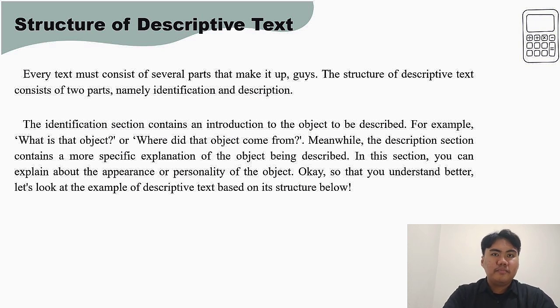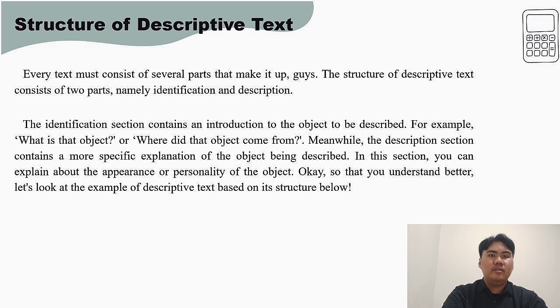Structure of descriptive text. Every text must consist of several parts that make it up. The structure of descriptive text consists of two parts, namely identification and description. The identification section contains an introduction for the object to be described.